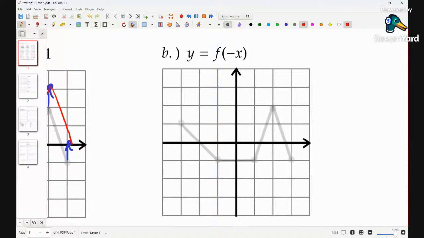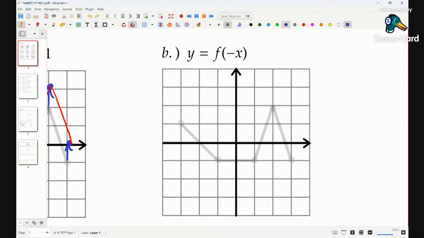Another transformation that we looked at is something like this. Graph y equals f of negative x. A negative is a reflector, and you can reflect over the y-axis or over the x-axis. You need to know if the negative is inside the function. When I say inside the function, this was inside, then it is a reflection over the y-axis.